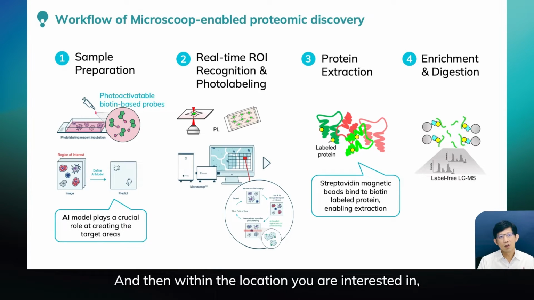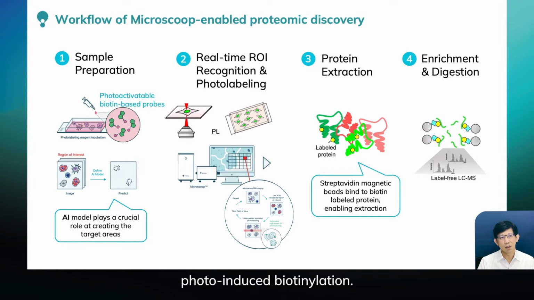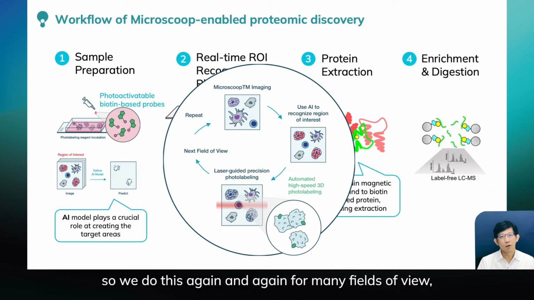And then with the location you're interested in, you shine light on this location. We use a 2-photon light to trigger the photo-induced biotinylation. So say if each compartment has 300 different kinds of proteins, then these 300 different proteins will be biotinylated. We do this again and again for many fields of view, actually sometimes 10,000 fields of view or more.